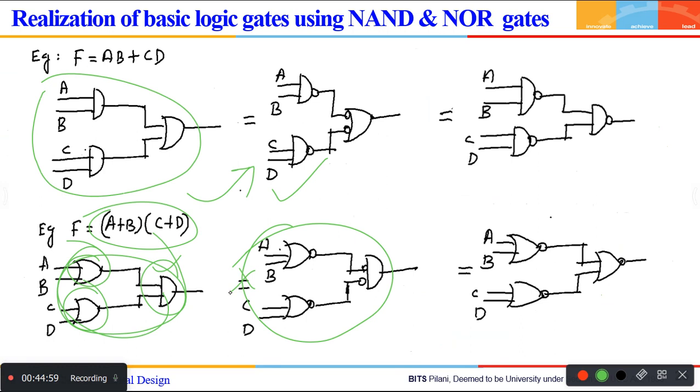It's left to you. Using only NAND gates is fine, using only NOR gates is fine, and mixing NAND and NOR is also fine in that case. So let's go forward.